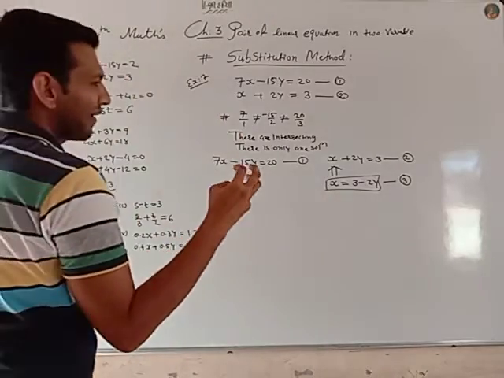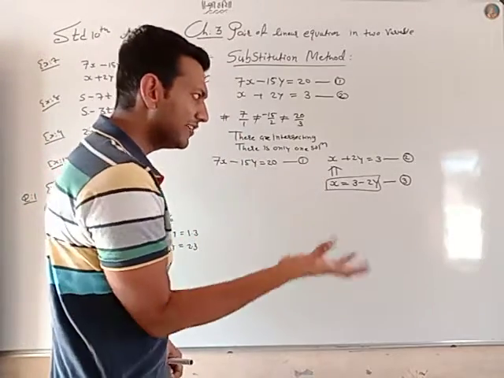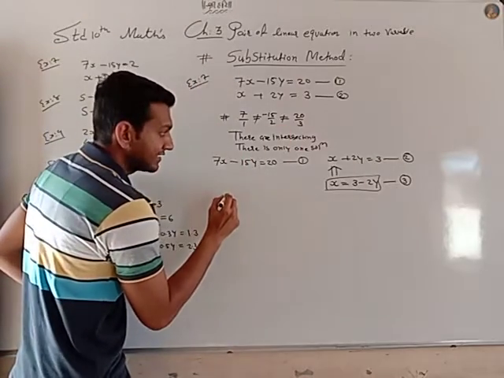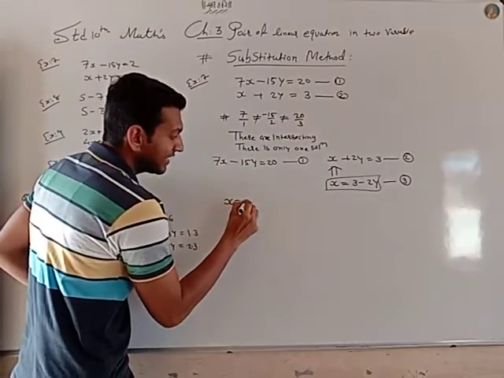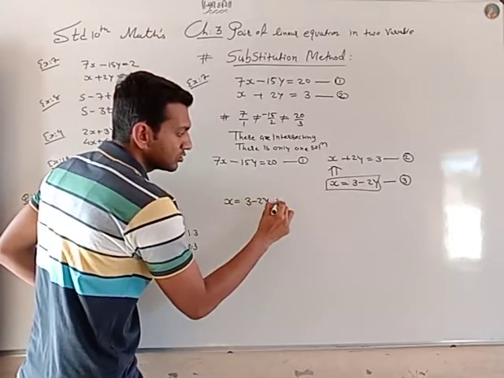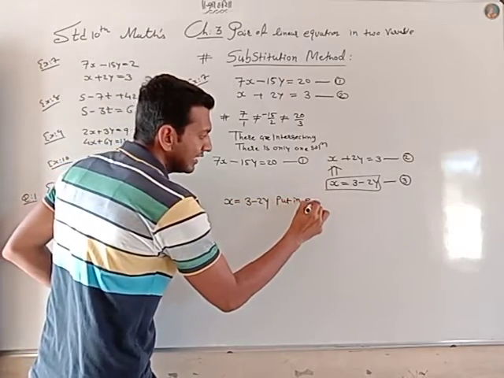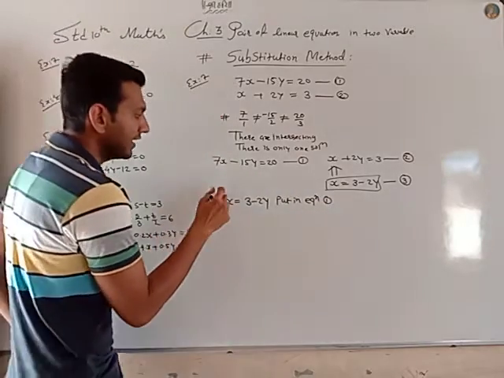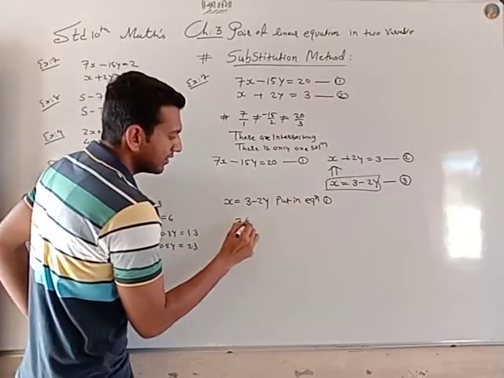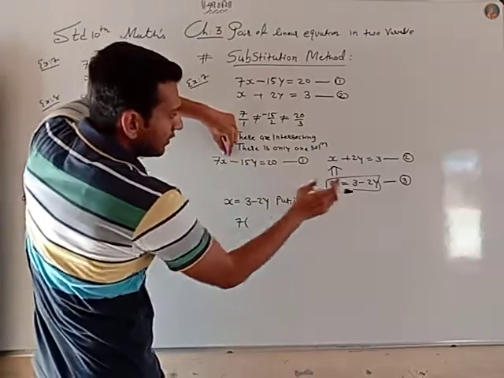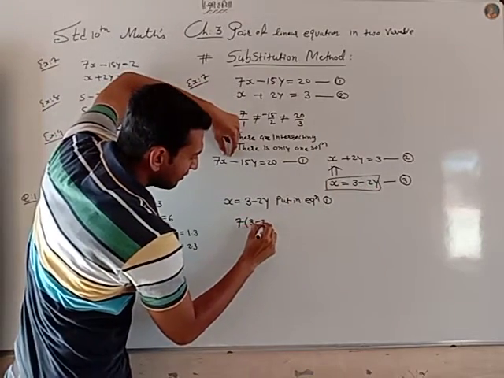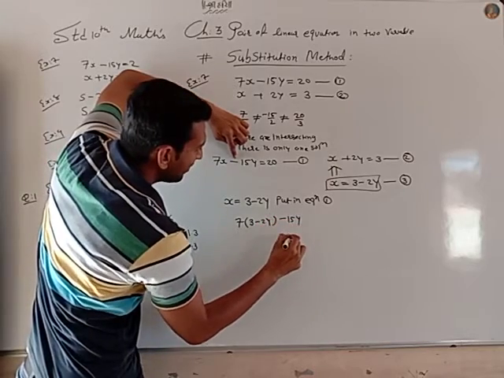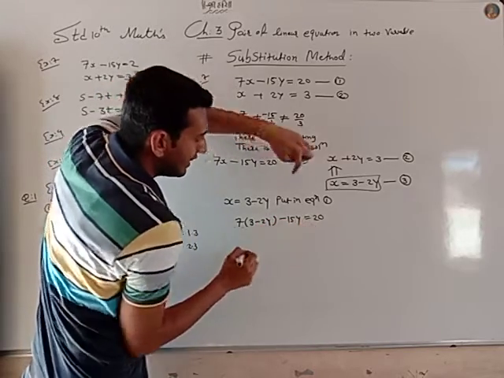Substitution: find the value of any variable and put it in the other equation. So my second step is x is equal to 3 minus 2y, put in equation number 1. So I get 7 bracket 3 minus 2y bracket over, minus 15y is equal to 20.